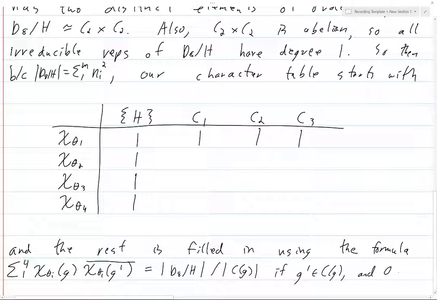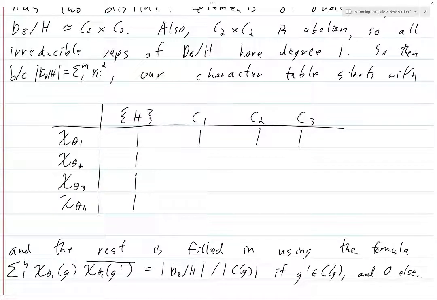So if you have 2 elements of our group, g and g', and g' is not in the conjugacy class of g, then it's 0. It's abelian, so it turns out to be the same. But because of this, we have this formula.